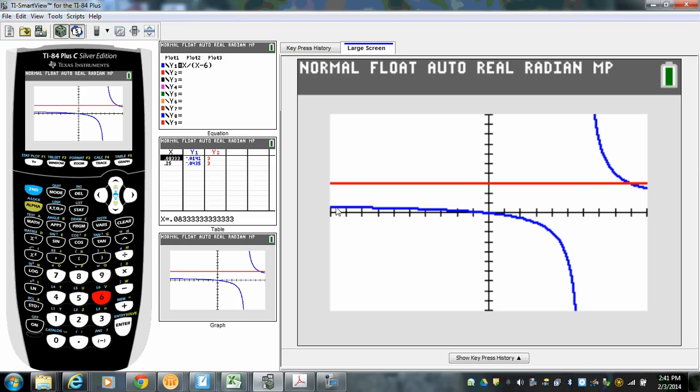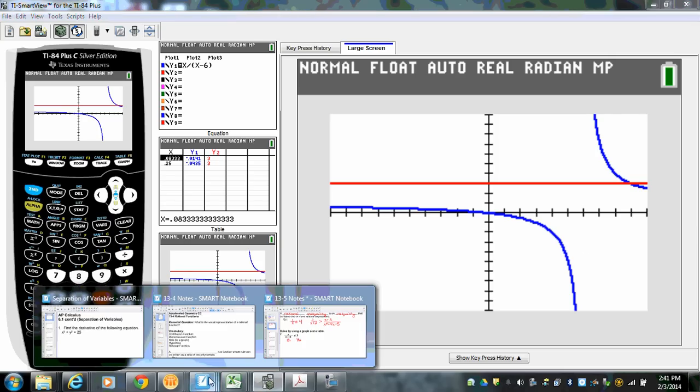Well, for one thing, I can see that this entire curve right here is below the line at y equals 3. So the question is, when does that curve stop and this upper curve start? So look for your asymptote here. Can you see that your line is kind of at 6 right there?